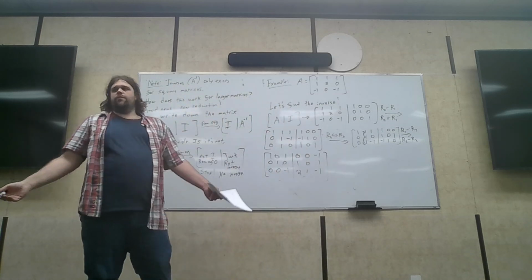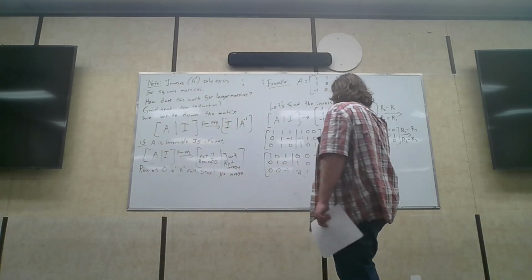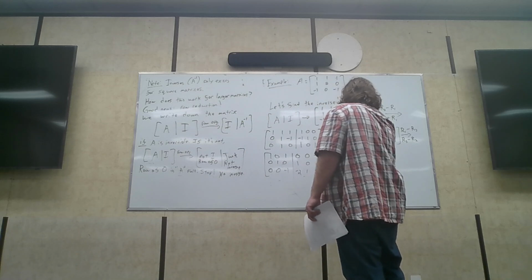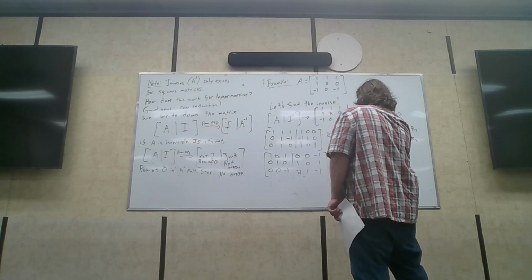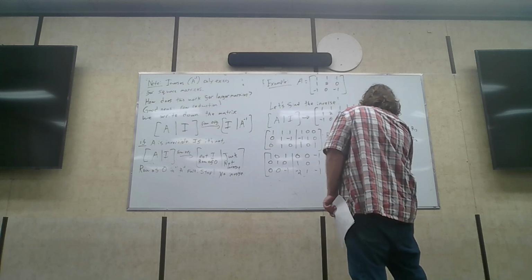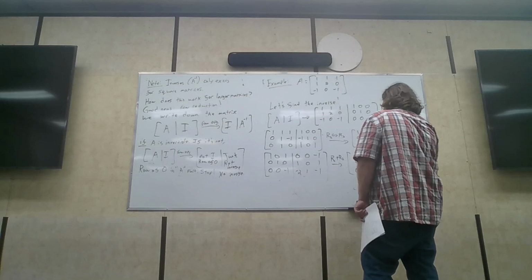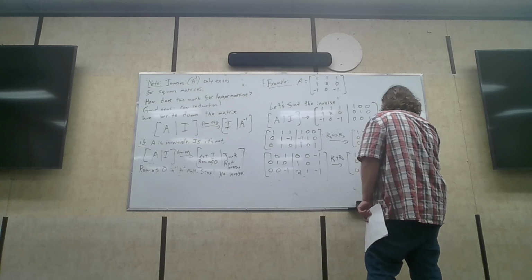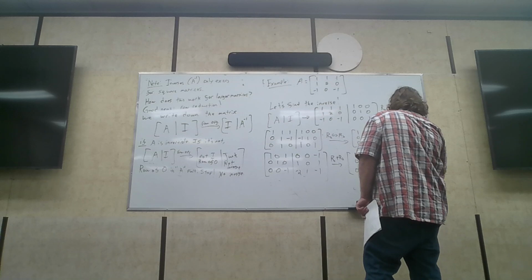And now we're almost home free. Take this and add it up there. Row 1 plus row 2. 1, 0, 0, 0, 1, 0, 0, 0, minus 1. And that will be minus 2, 1, 0, 1, minus 2, 1, minus 1.